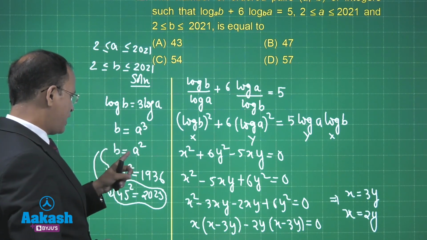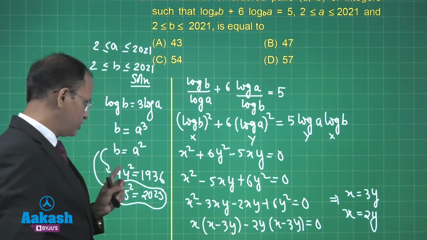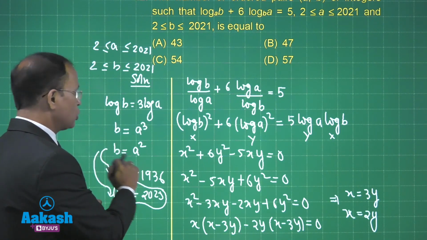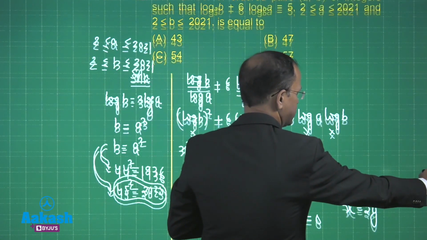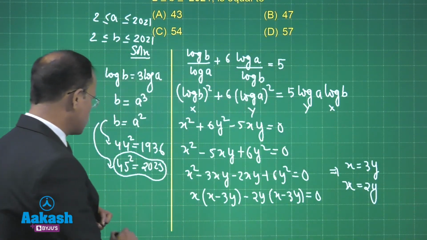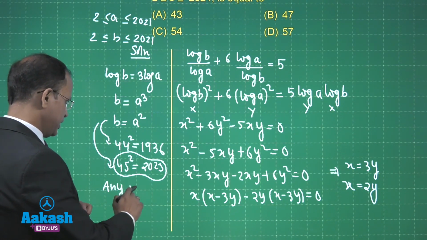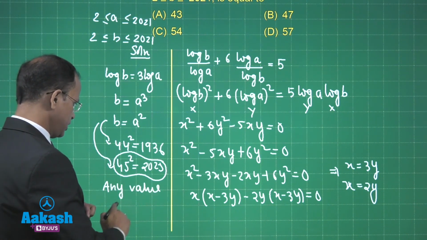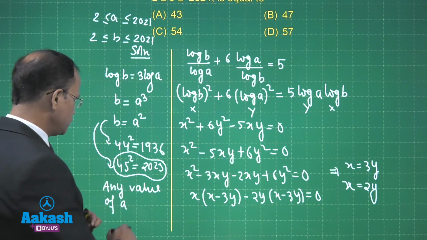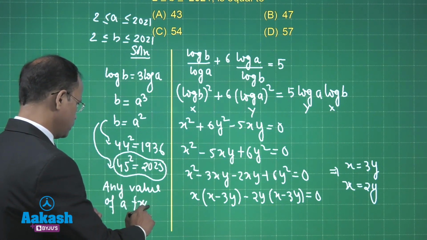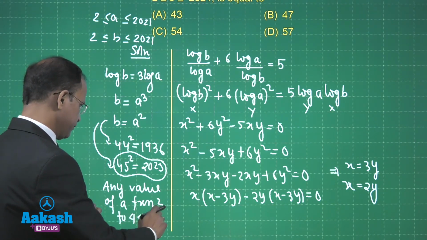Fine. So a, if we take 44 square, this can be taken, 44 can be taken, 2 also can be taken, right? Now if we take 2, so we can say that any value of a from 2 to 44 is okay, right?